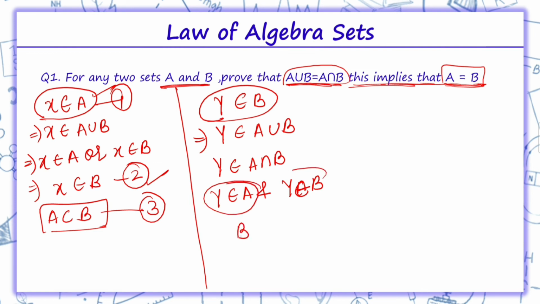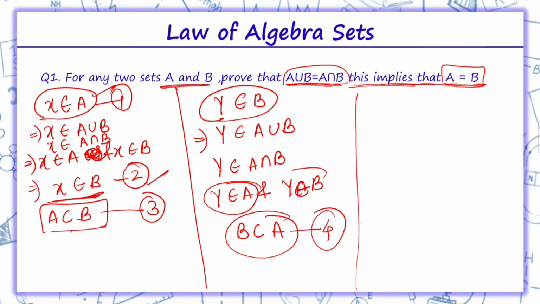So this means B is a subset of A. So A is a subset of B and B is a subset of A. This is the fourth equation. So by third and fourth we got A is equal to B.